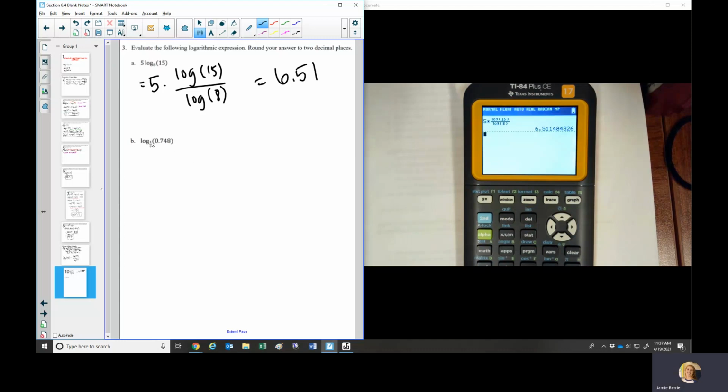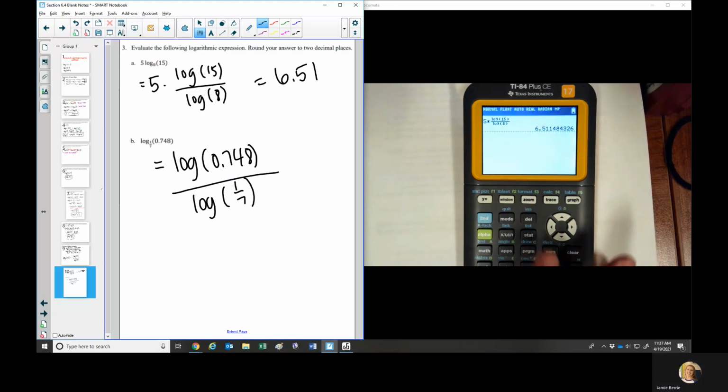Our last one is log base 1 over 7 of 0.748. So again, the way the change of base formula works is you say it's log of the argument divided by log of the base. All right, so log of the argument divided by log of the base.